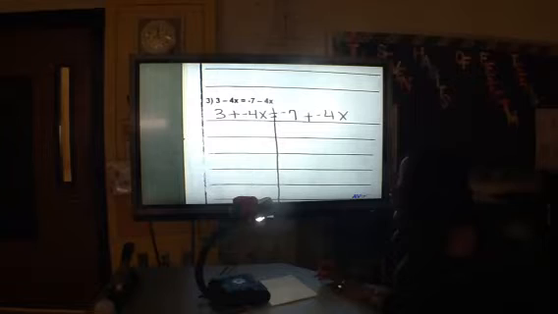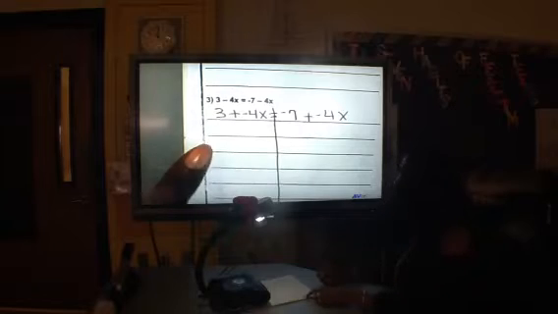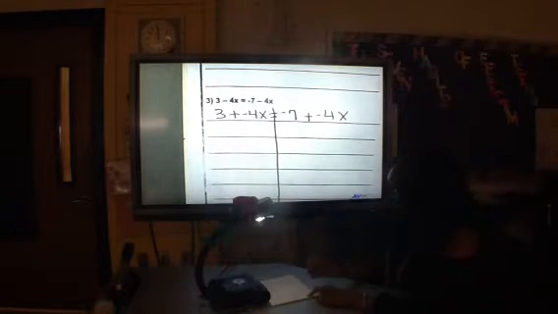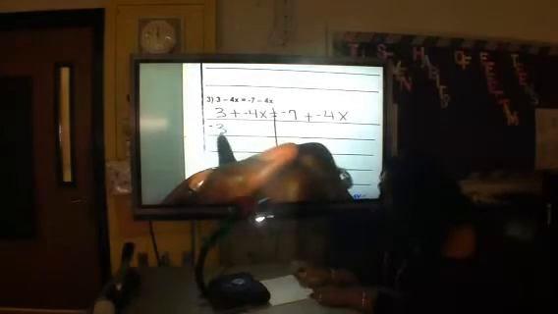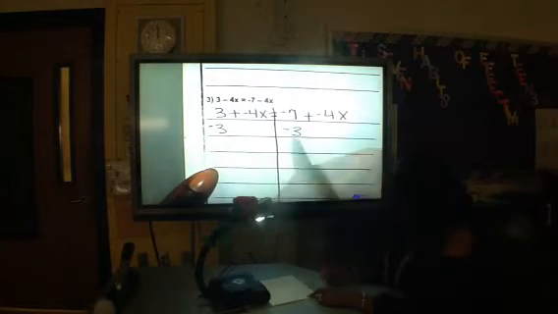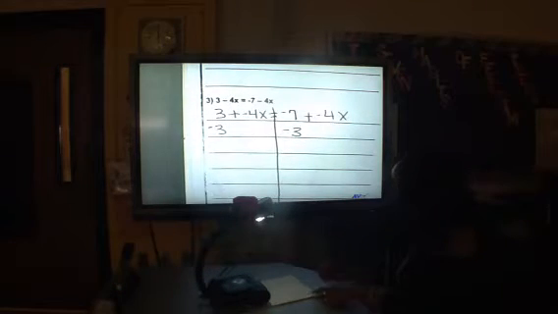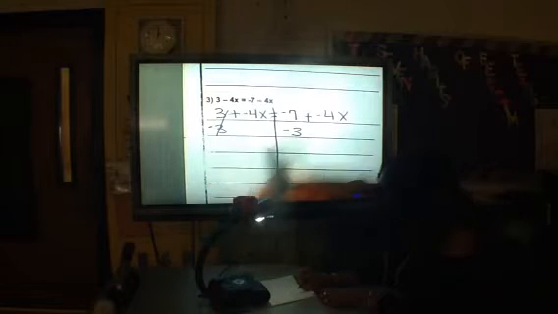The first thing I want to do, it doesn't matter which move I make, but I'm going to choose to bring my 3 to the opposite side. So I'm going to say negative 3, negative 3. Don't forget left to right thinking. I'm starting from the left like I'm reading a book. So that goes away.